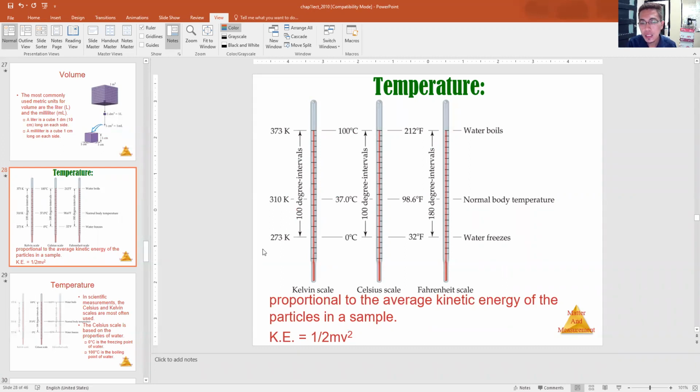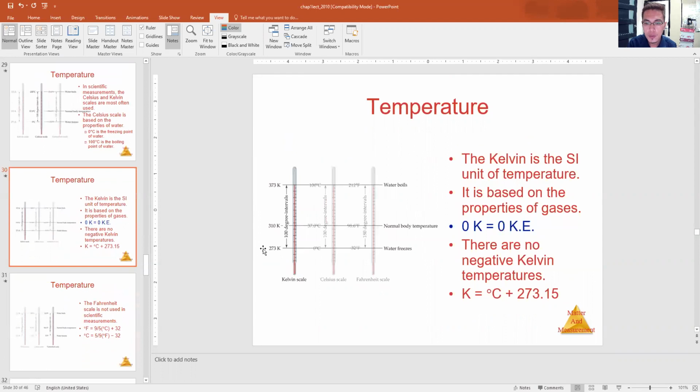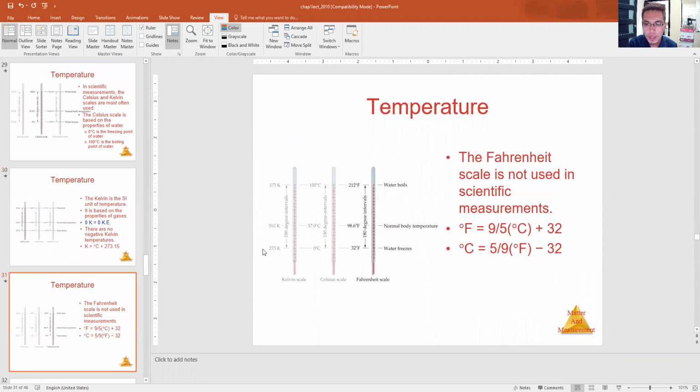So this one is usually used in calculations. Here are the equations used for conversion. The Fahrenheit scale is not used in scientific measurements, so it is just for conversion problems; it is usually only used in the US.